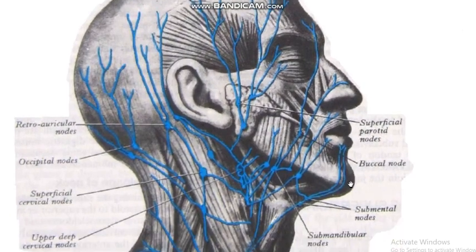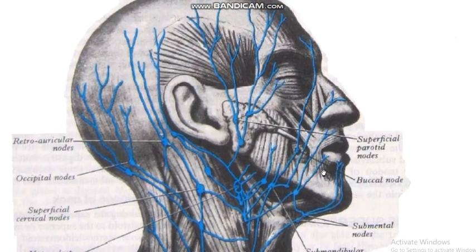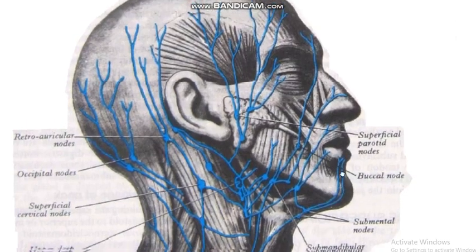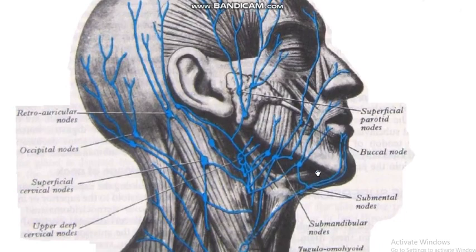If you look at this first segment, that is the central part of the lower lip. The central part of the lower lip, the lymphatics drain into the submental lymph nodes over here, and because the two submental lymph nodes are close together within the submental triangle, there is cross connection between the lymphatics of the right side and the left side. Now this is the first segment of the lymphatic drainage.